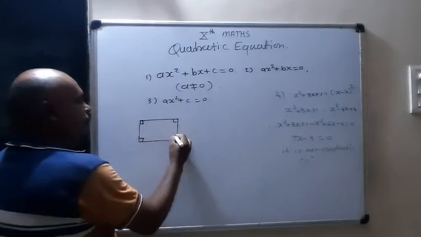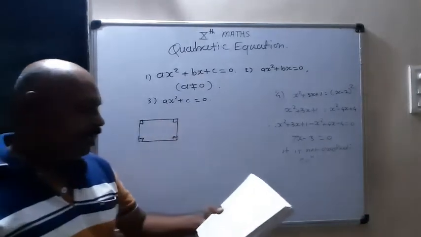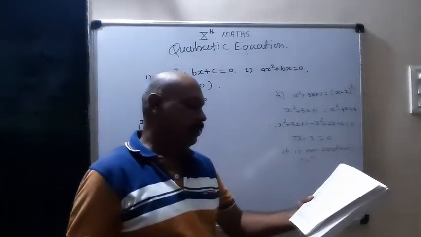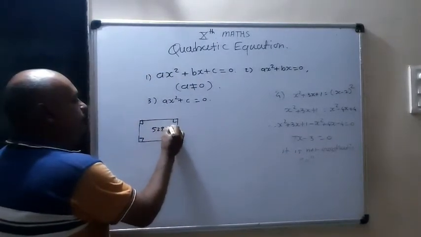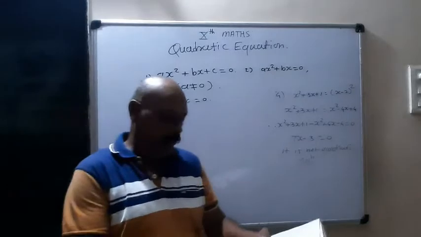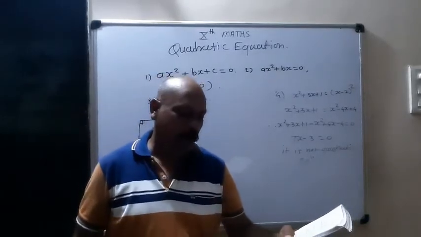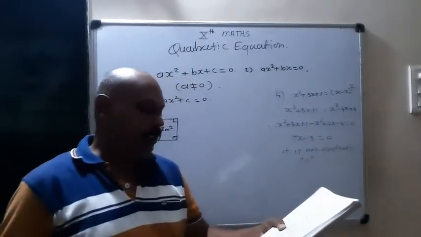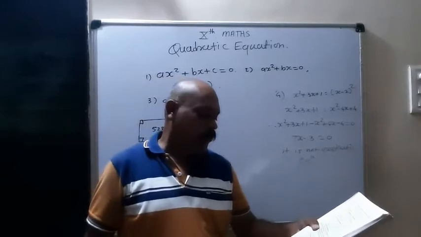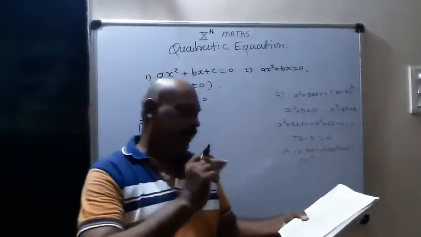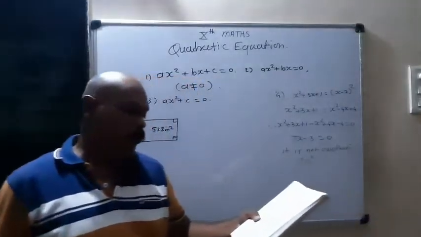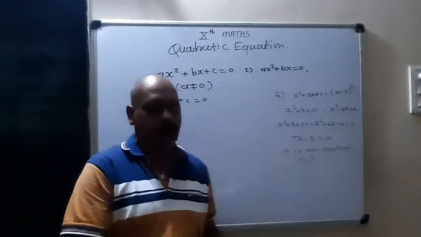They have given the area of the rectangular plot is 528 meter square. The length of the plot in meters is one more than twice its breadth. This is the actual relation between length and breadth. We need to find the length and breadth of the plot.